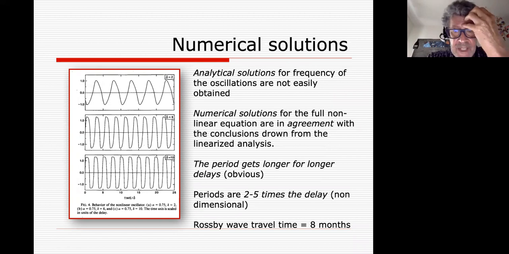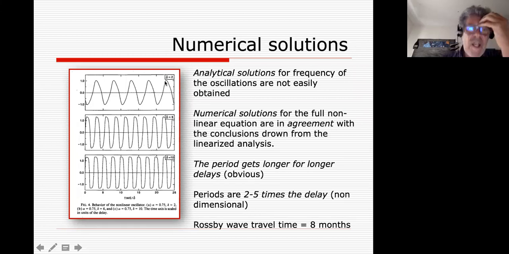The period gets longer for longer delays. But you see here, delta is the delay, and it seems that the period here is longer than here. So at first glance, I would say that a smaller delay gives a longer period. However, you have to look at the scale.